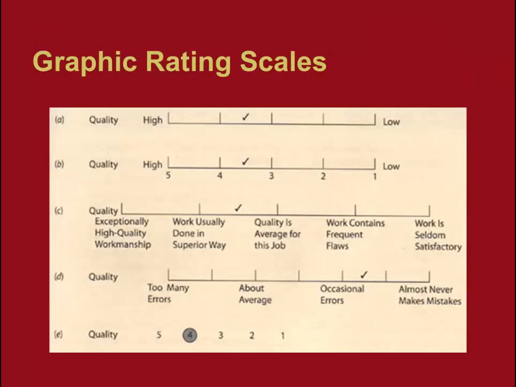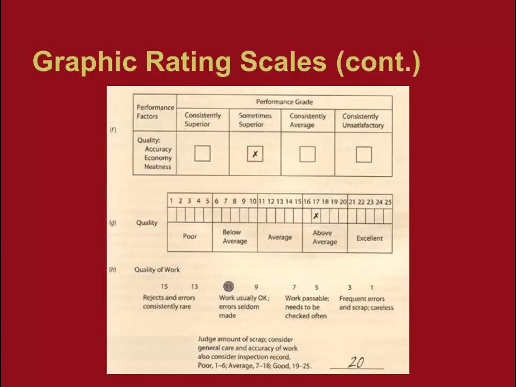As you can see, there are many ways to present a graphic rating scale. They can vary in terms of how large the scale is, how many numbers are involved, how detailed the information provided is, or whether the scale is more image-based or numerical.